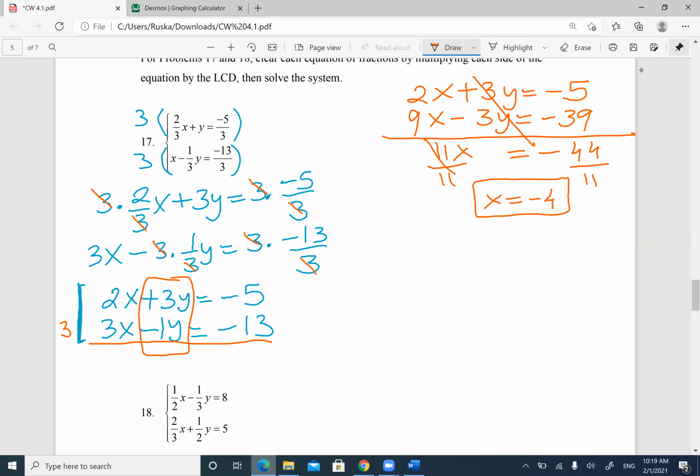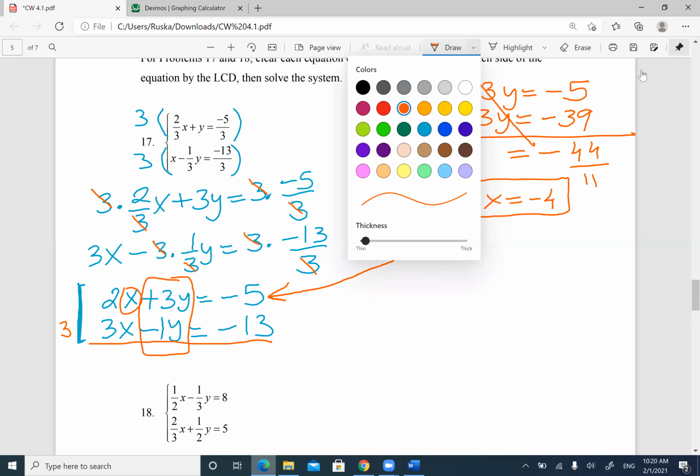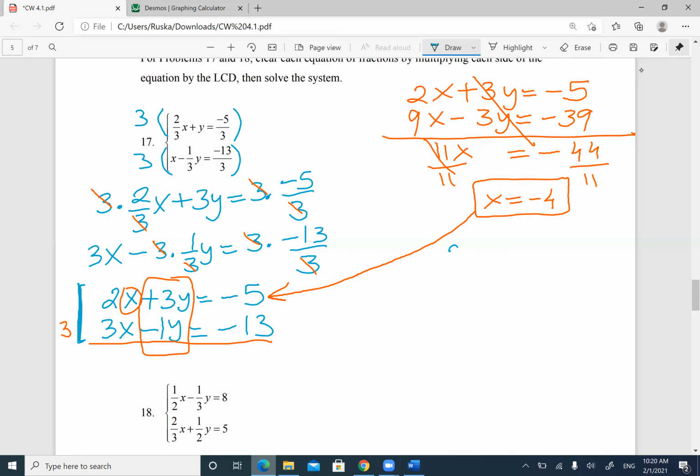And then you can plug it back into one of the equations, it doesn't matter. So where do you want to plug it in? I'm going to use the first one. So I'm going to replace x, and I'm going to get 2 times negative 4 plus 3y equals negative 5.